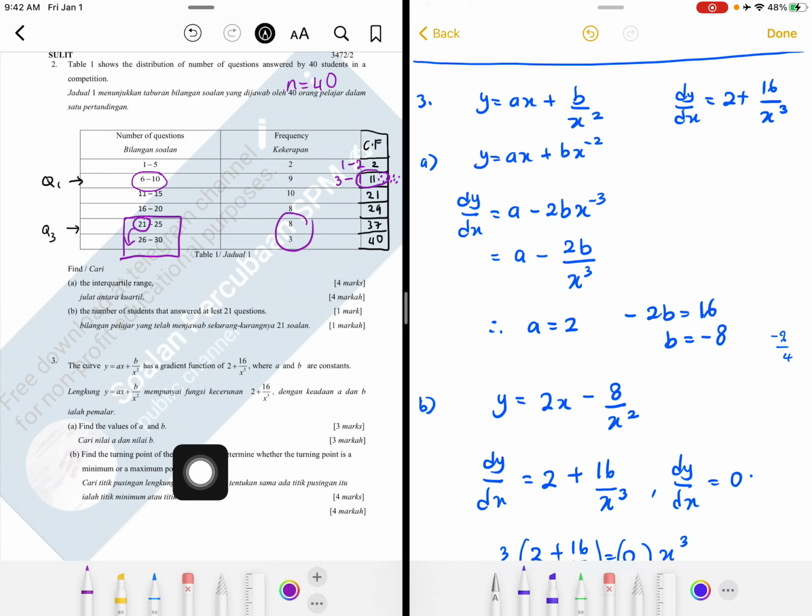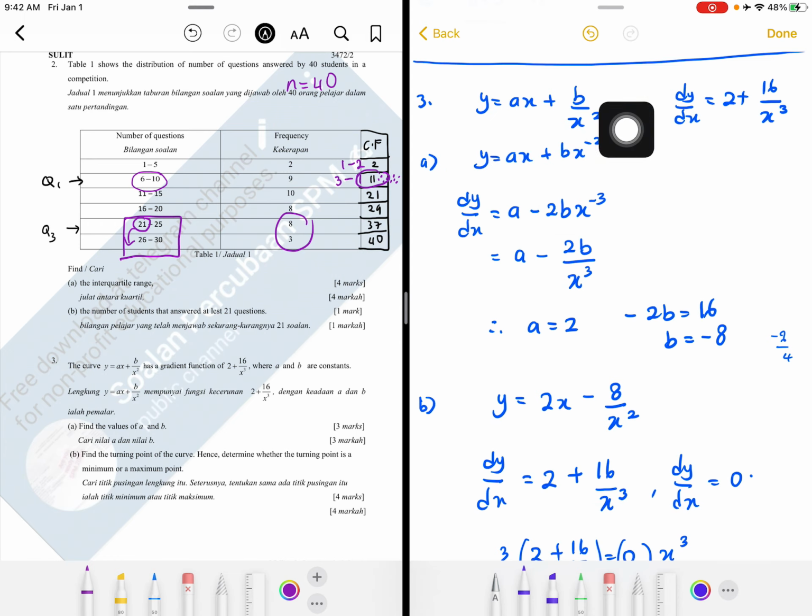In the topic of differentiation and integration, we are given that the curve y equals ax plus b over x squared has the gradient function of 2 plus 16 over x cubed. So sebenarnya ni adalah equation dia. So gradient function ni comes from this one after we differentiate the curve.